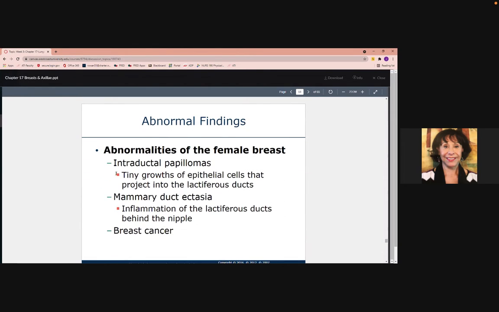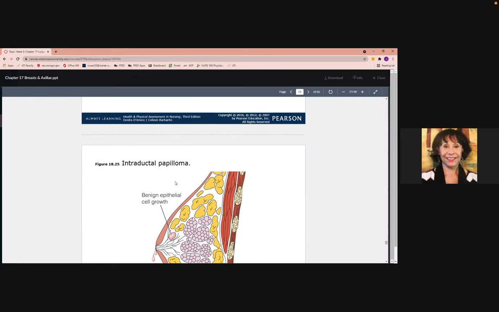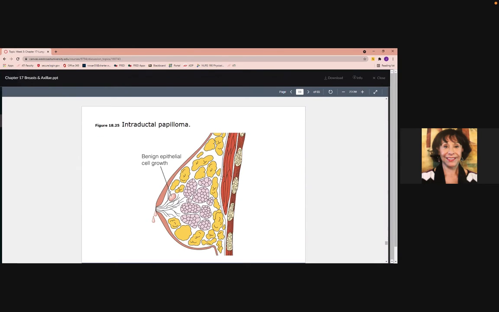Other abnormalities: intraductal papillomas, which are tiny growths of epithelial cells that project into the lactiferous ducts. And I think we have pictures of that. Here is the intraductal papilloma. Know this.